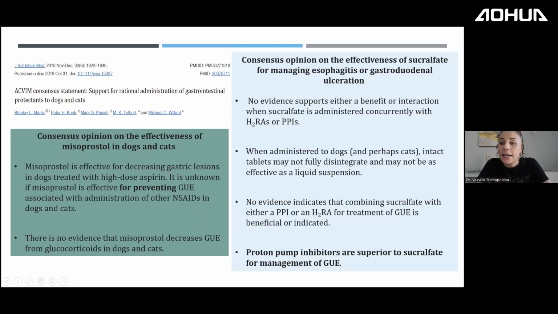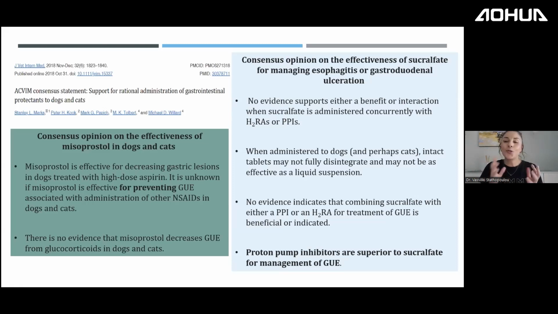Let's see about sucralfate now. Is there any evidence that we should give PPI inhibitors or H2 antagonists with sucralfate? There's no evidence to support it. So what they say is that if you want to go on to treatment, you can give only PPIs without sucralfate, and the result will be the same.